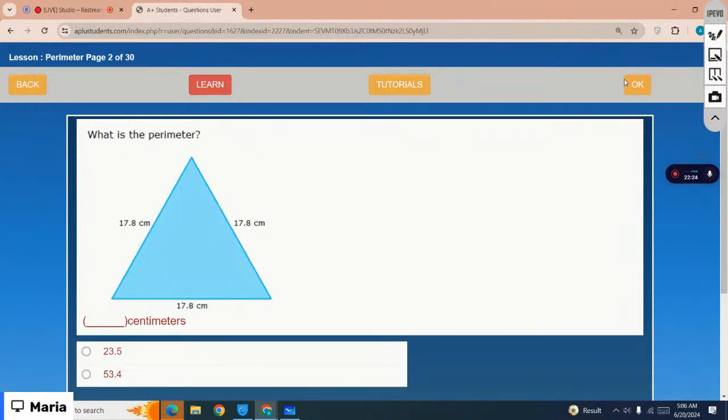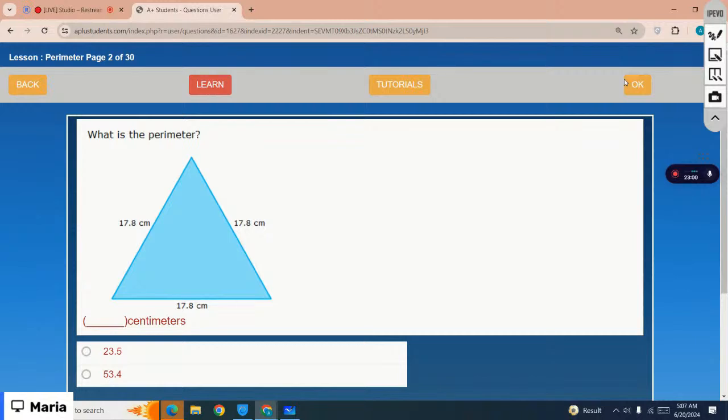What is the perimeter? Which is the correct option? Just add all the side lengths, right?